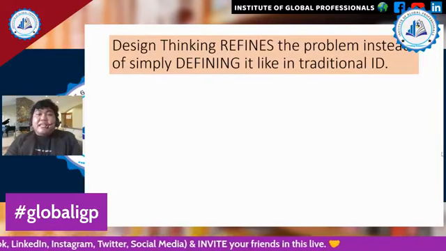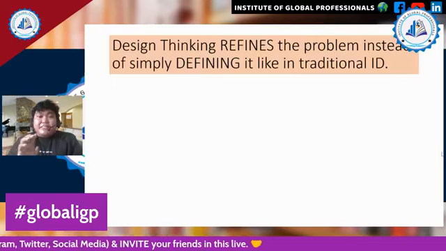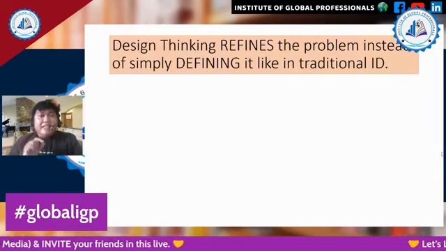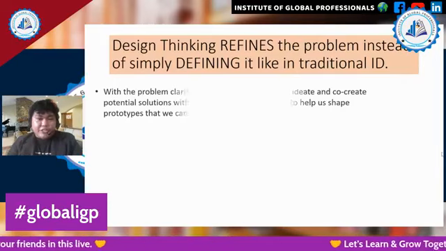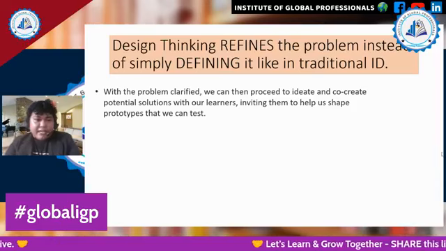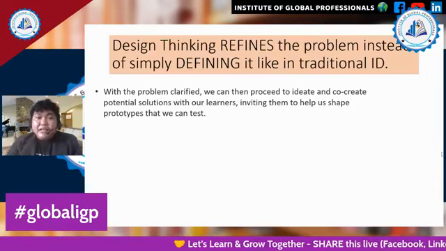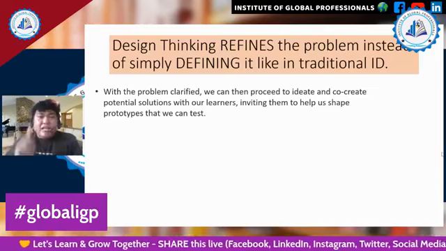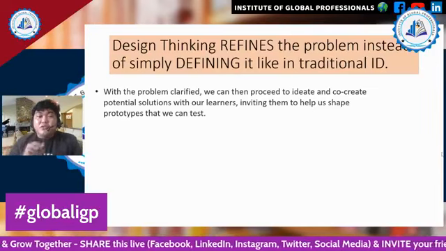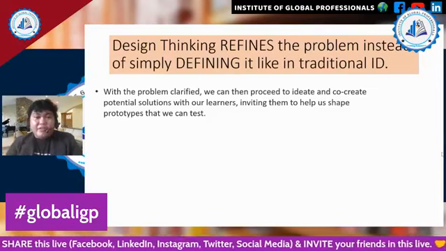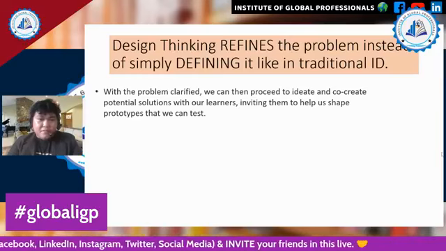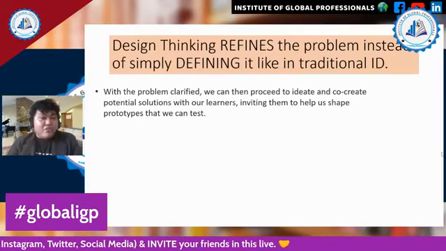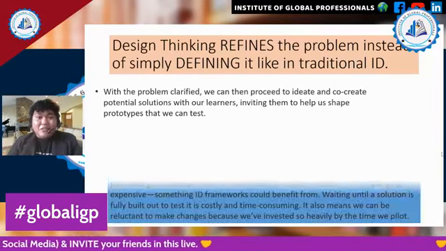Now, design thinking refines the problem instead of simply defining the problem like in traditional instructional design. When we already refine the problem, we can then proceed to ideate and co-create potential solutions with our learners or with our users. And we can invite them to help us shape the prototypes that we can test.